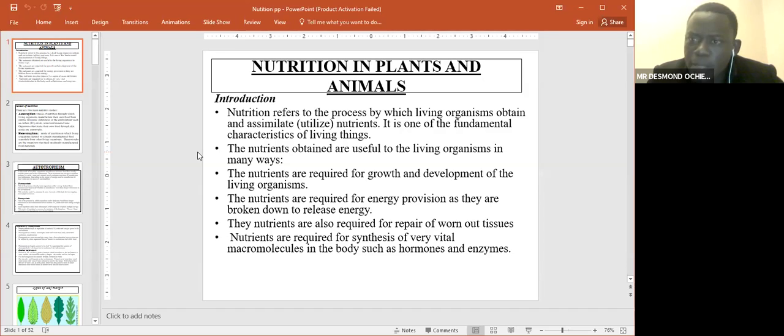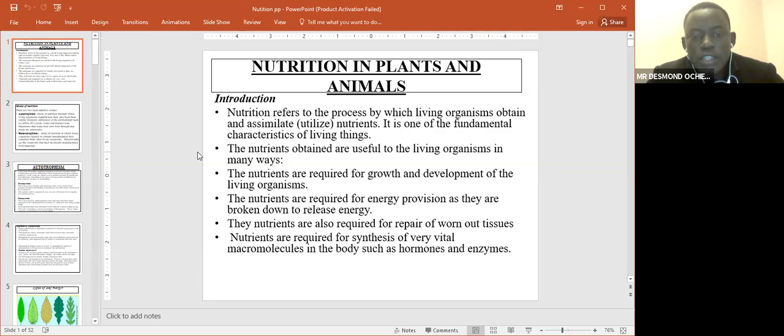They respire. Respiration is the process by which living organisms break down food materials or nutrients to release energy. It's a chemical process. So for living organisms to obtain energy, there must be nutrients from the food that they eat.